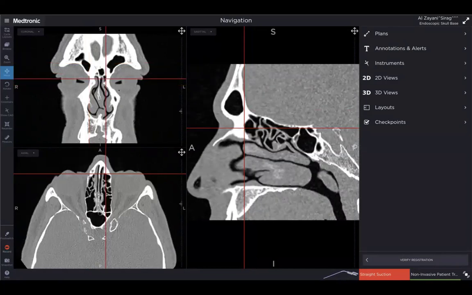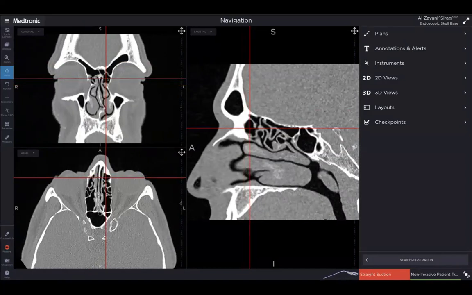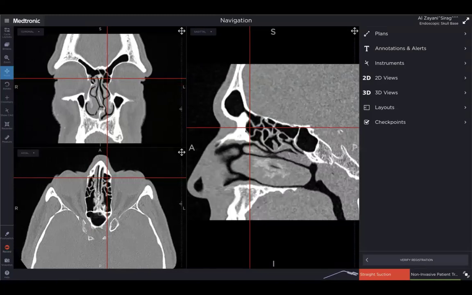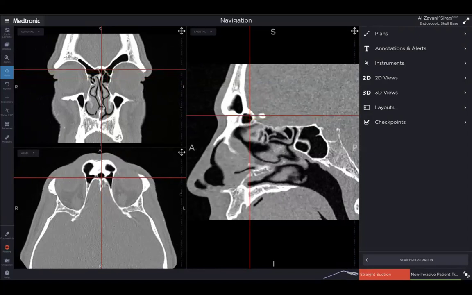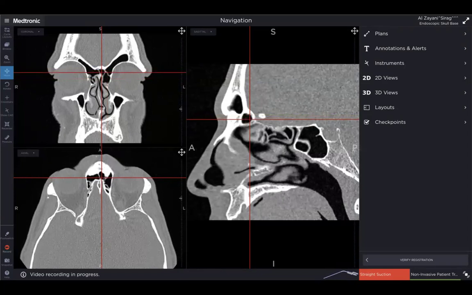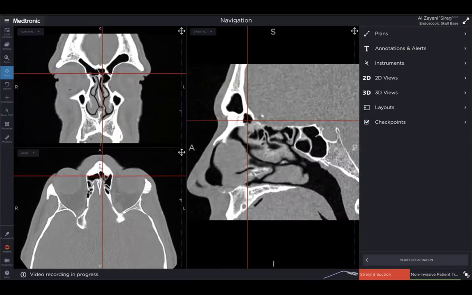Now that's a very different story than on the left side. Here on the left side, you can see the agger, and it goes pretty far back. There's a pathway above it, which looks like that's a frontal, but look, there's a cell a bit more medial to it, right in the center. Now, if I look at the axial scan, I can see that cell ending dead end up superiorly, as I would expect.